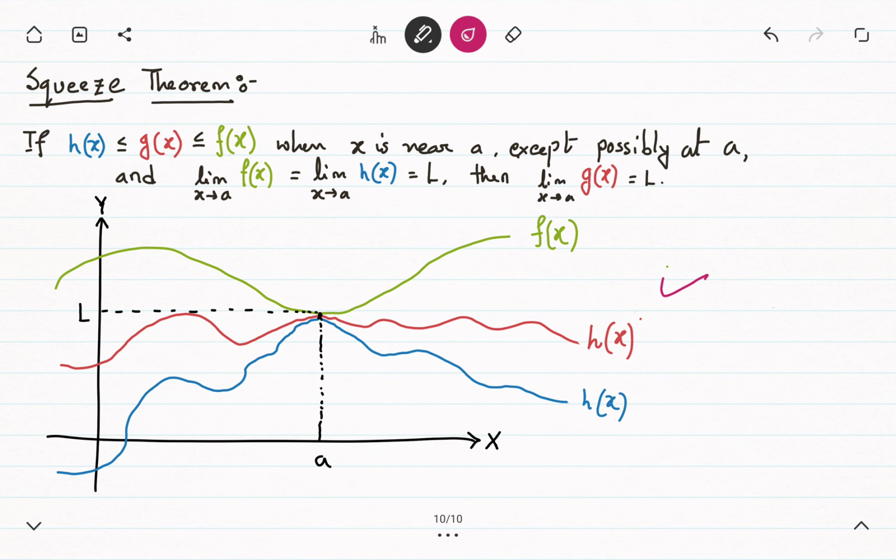The squeeze theorem is used in calculus to confirm the limit of a function via comparison with two other functions whose limits are known. So let me write that.